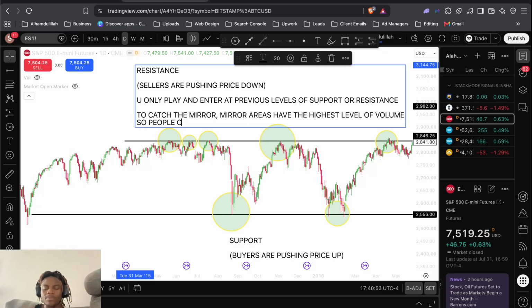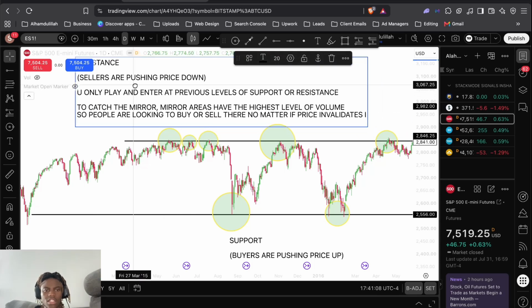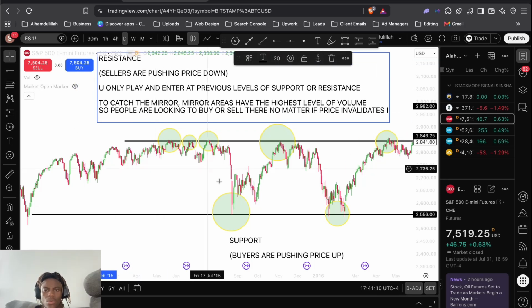So people are looking to buy or sell there, no matter if price invalidates it. To catch the mirror, we have to understand why we're catching mirrors in the first place: mirrors have the highest levels of volume.